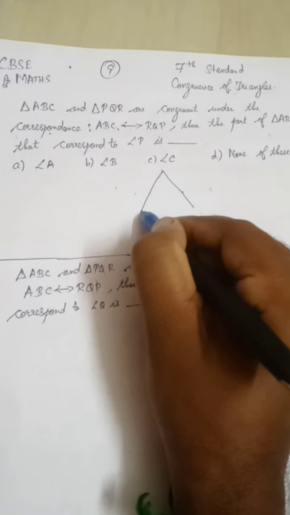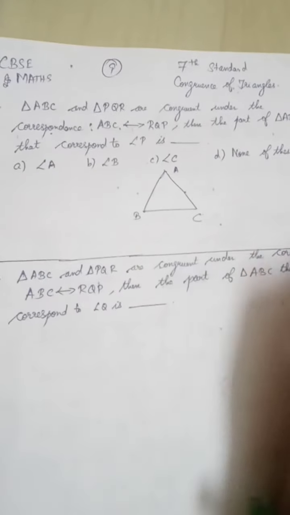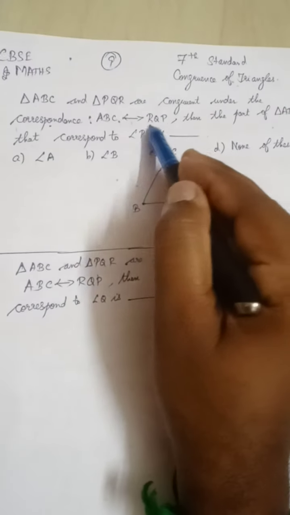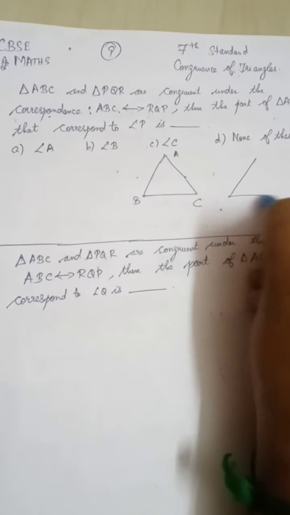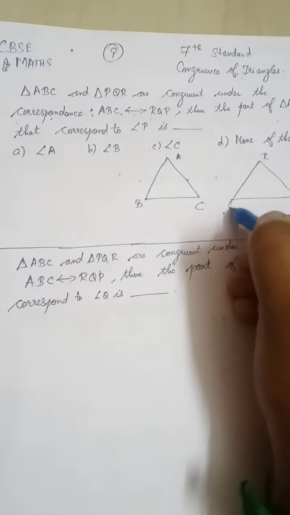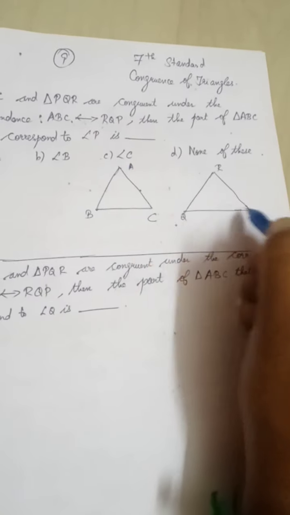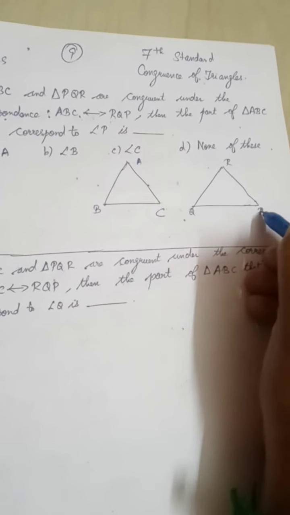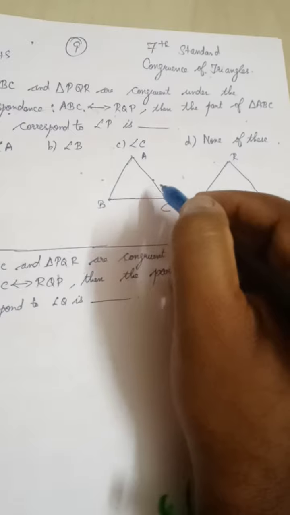Triangle ABC, and another triangle is RQP. In this RQP, which one are we going to see?